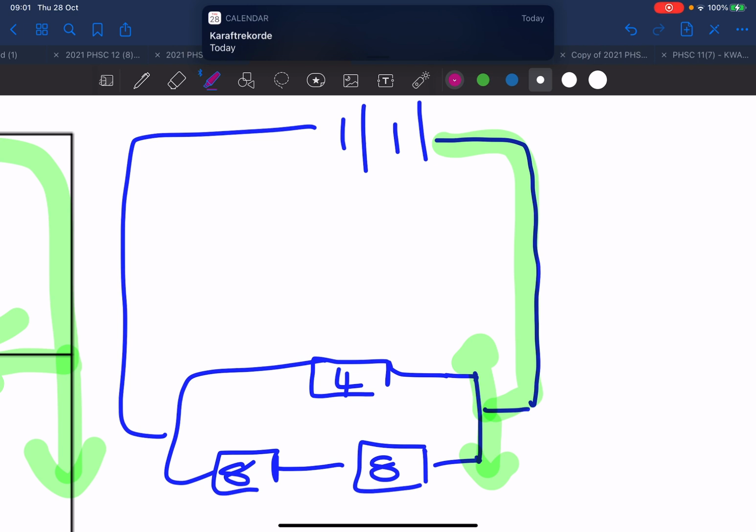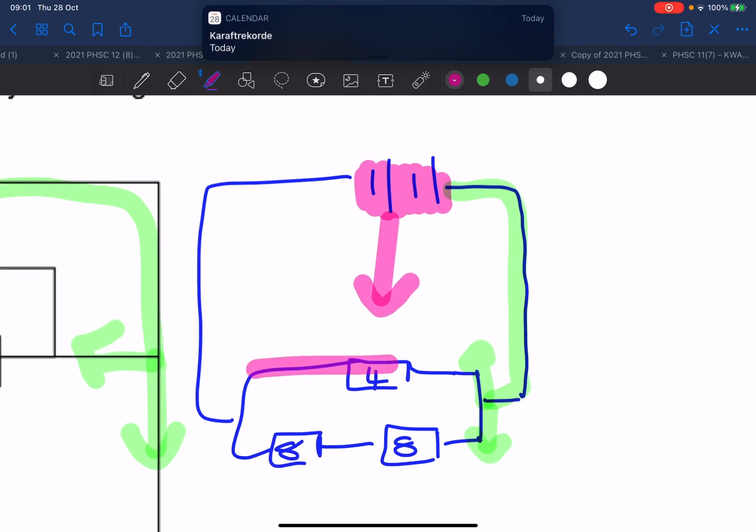Okay, right. So our volts is only going to the parallel combination. We know the volts in parallel are the same. So if, for instance, we have 10 volts, then we know 10 volts goes there and 10 volts goes there.